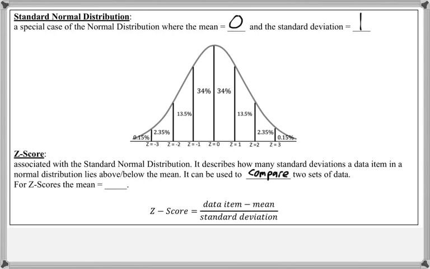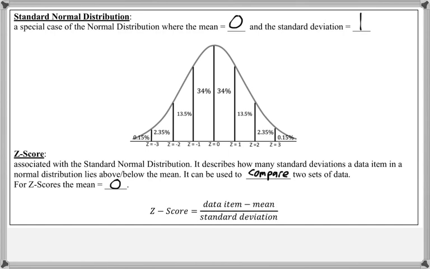For z-scores, the mean is equal to 0 because it's associated with the standard normal distribution. Our formula for the z-score is the data item minus the mean, and then divide that by the standard deviation.